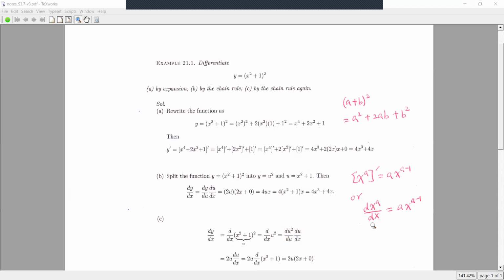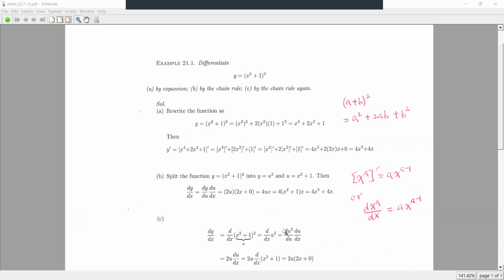So I cannot apply this formula to compute this derivative. To overcome the difficulty, I insert du to the bottom and put a du on the top. Essentially, this step is the chain rule. If I cancel du, I can get back here.